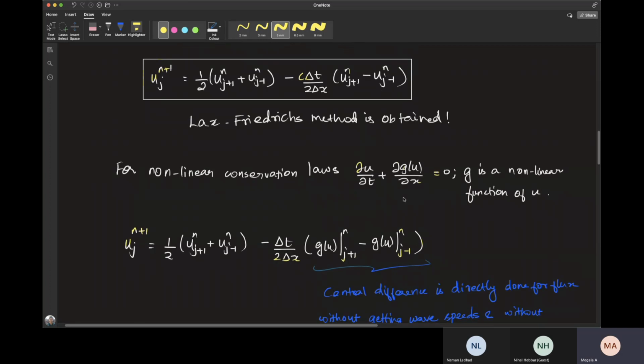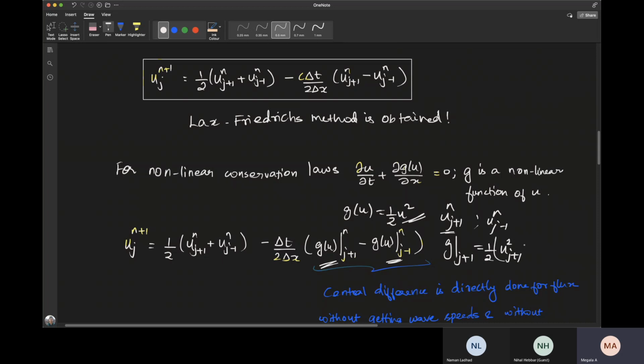Our inviscid Burgers equation comes inside this category only. So for any such equation, suppose your G of u is half u squared. Then to evaluate these things, you can use this function, because you will anyway be knowing u at j plus 1, n and u at j minus 1, n. Using those, you can evaluate G at j plus 1 just by using half uj plus 1 squared, and all of them are at time level n.